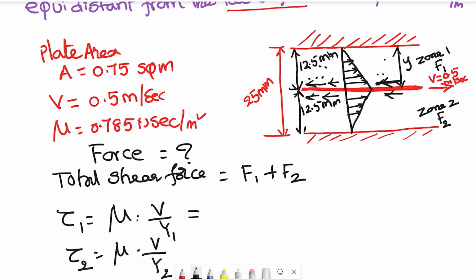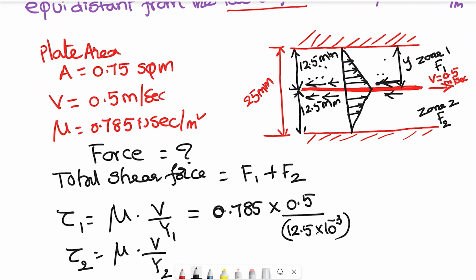Tau 1 is equal to mu, 0.785, into V, 0.5, divided by y1, which is 12.5 into 10 to the power of minus 3. Why minus 3?